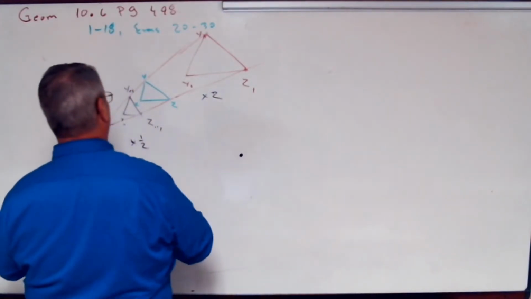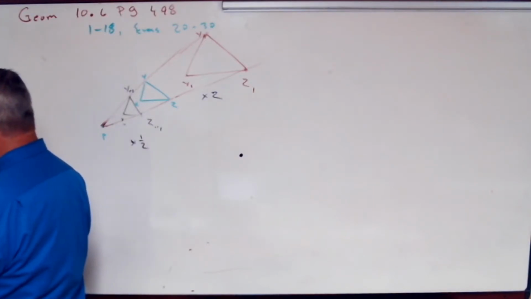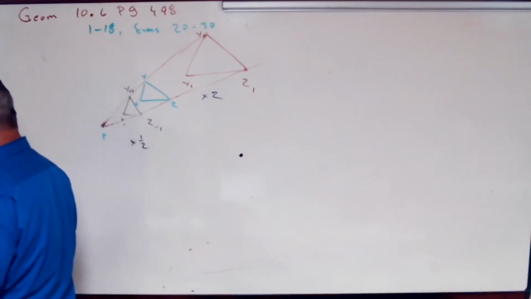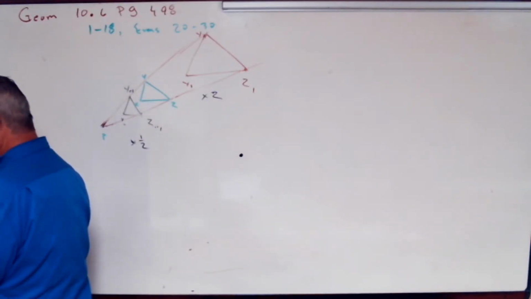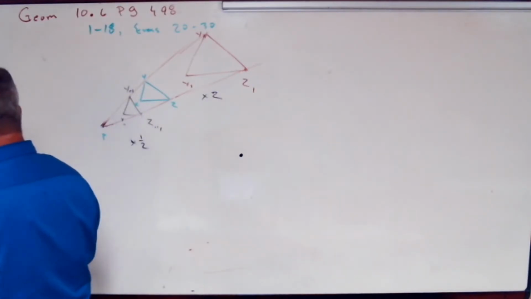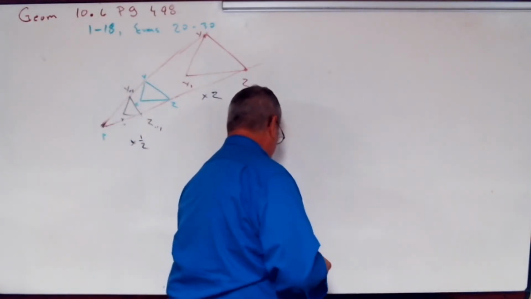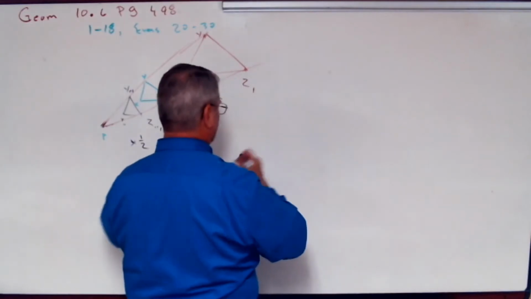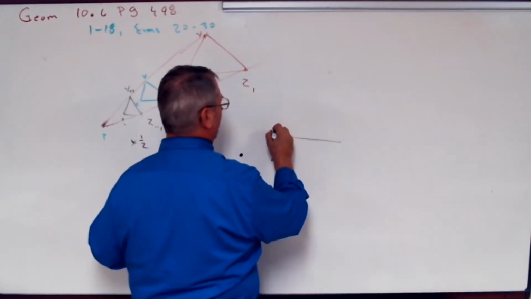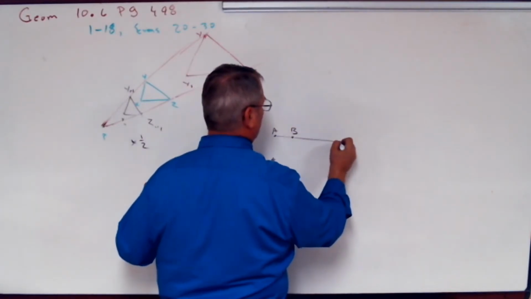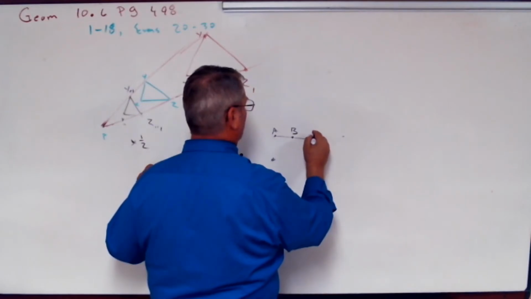Now, some things remain the same in here, okay? Let's see. I think over here, characteristics preserved by dilation on page 500. Collinearity of points. Okay, so if this is my P, and this is my line A, B, and C. Let's bring that down a little bit here.